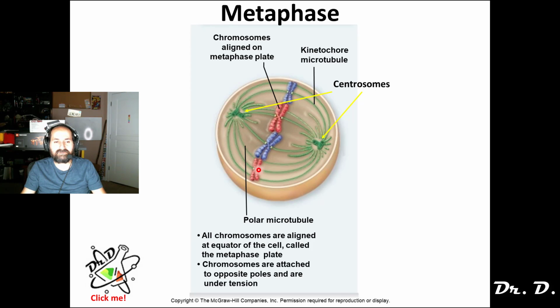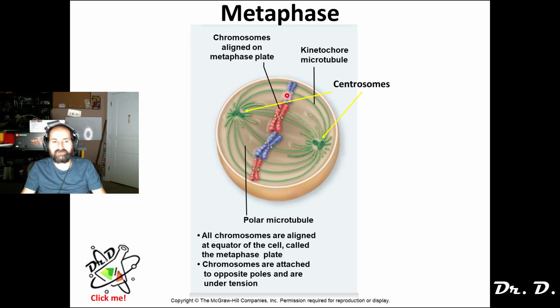So remember, these sister chromatid pairs are identical copies. For example, if this is chromosome 1 from the mom, right next to it is the sister, which is another exact copy of chromosome 1 from the mom. If this is chromosome 1 from the dad, it's attached to the exact same copy of chromosome 1 from the dad.